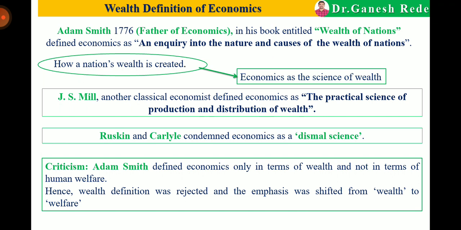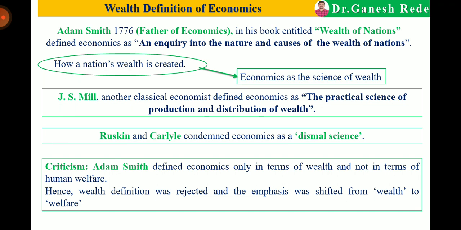The criticism of the wealth definition of economics is that, according to the opposition who raised the criticism, Adam Smith defined economics only in terms of wealth, not in terms of human welfare. Means according to them, Adam Smith thinks only about wealth, not about the welfare side of economics, or the well-being of humans.